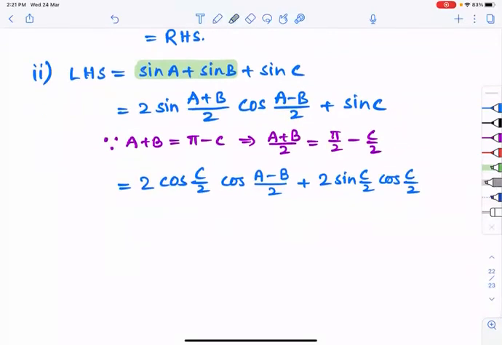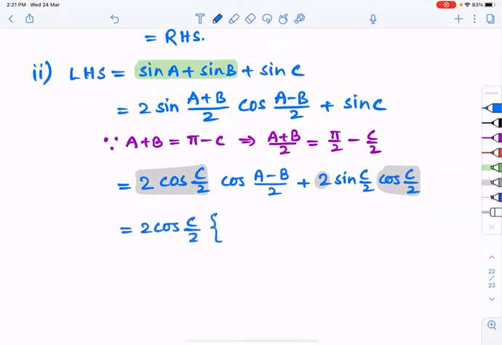Now from these two I can take 2 cos(C/2) common. If I take that common, I will be left with cos((A minus B)/2) plus sin(C/2).